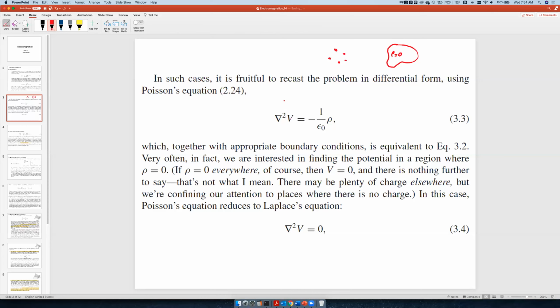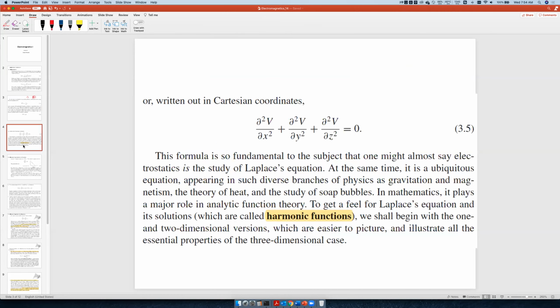Then this Poisson equation reduces to the Laplace equation, which is shown here, because there's no charge inside this region. And in many cases, we're interested in such problems. So the Laplace equation becomes very important and popular when solving problems in electrostatics.